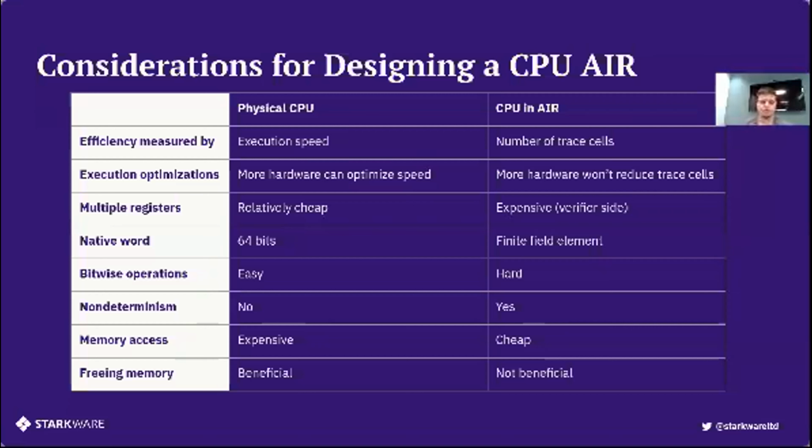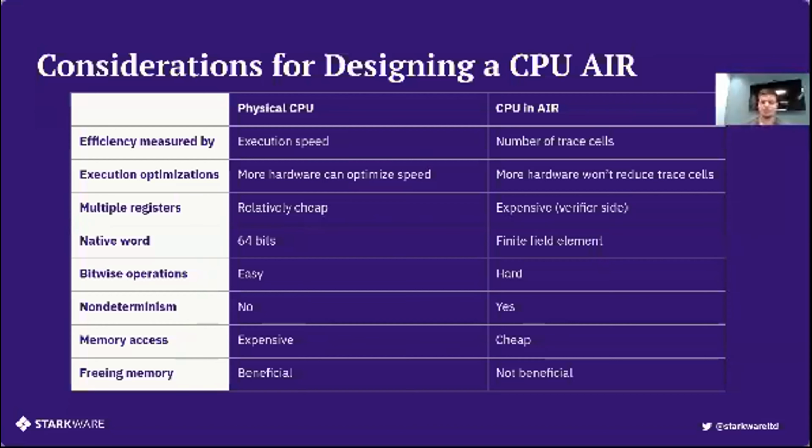So we don't have some opcode, for example, to do bitwise operations. We do plan to add some built-in in the future, which will be a lot faster than doing it manually in Cairo operations, but it will still be a lot more expensive than in physical CPUs.